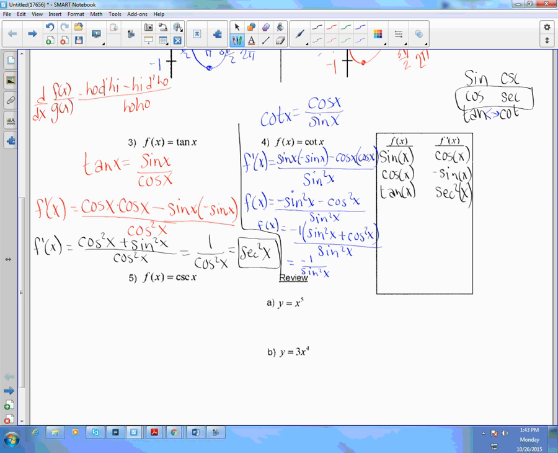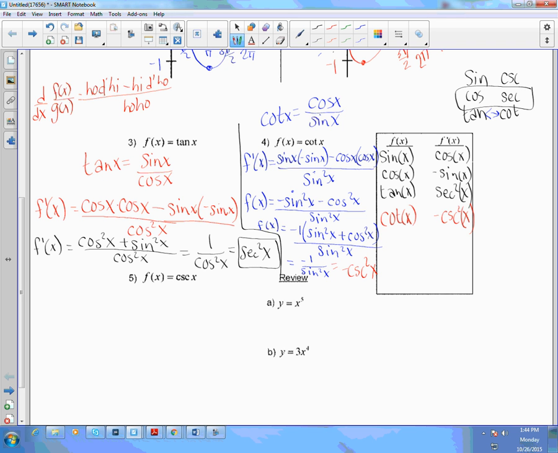So the derivative of cotangent is negative cosecant squared of x. Okay, one more.